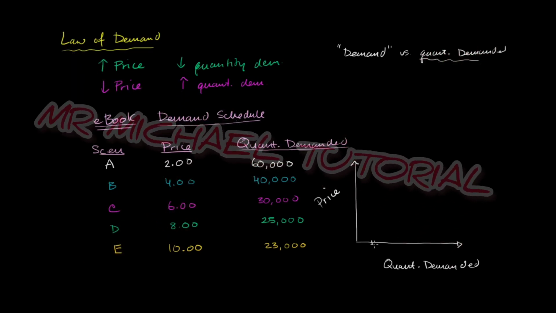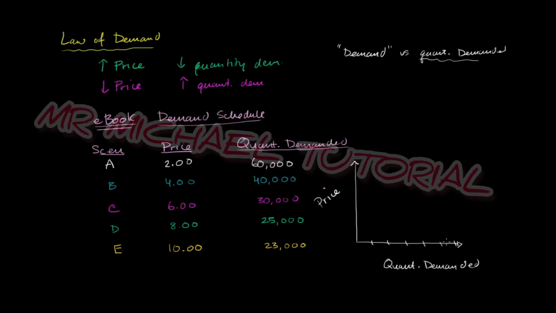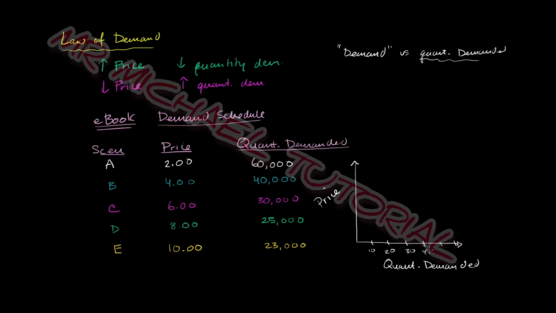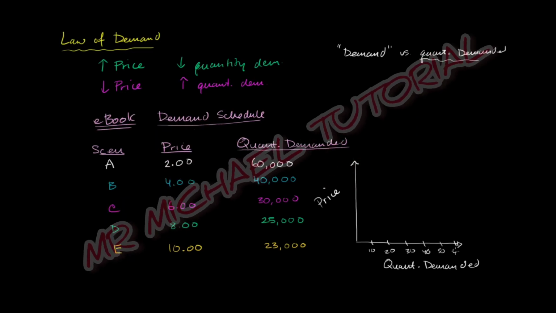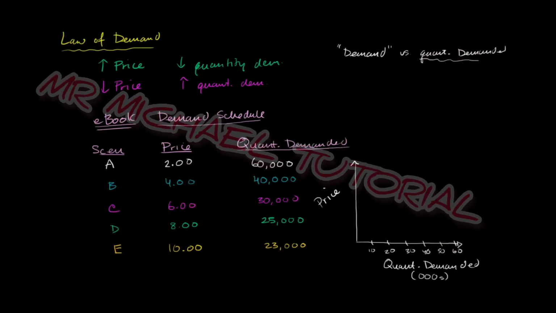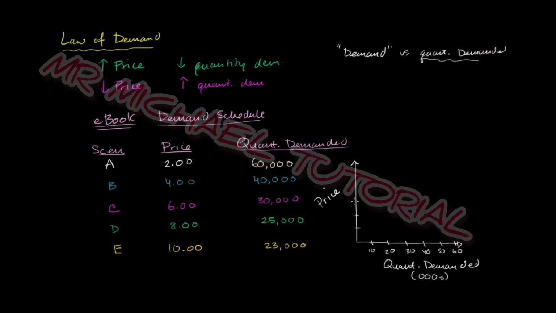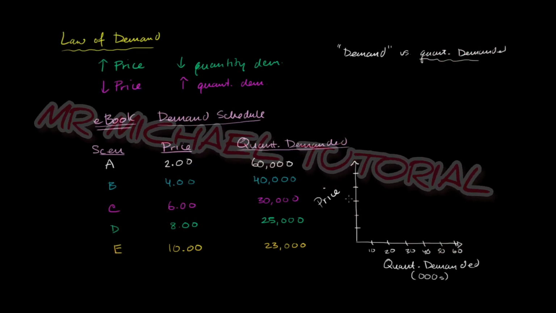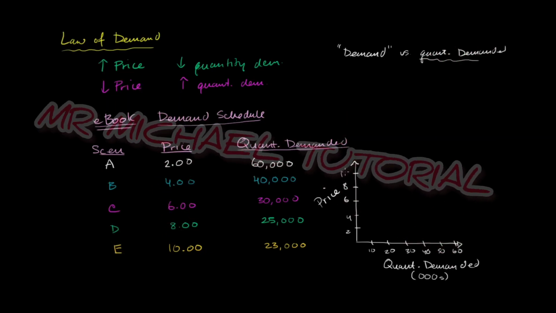So that's 10, 20, 30, 40, 50, and 60, and this is in thousands. And then the price goes up to $10, from $2 to $10. So let's say this is 2, 4, 6, 8, and 10.